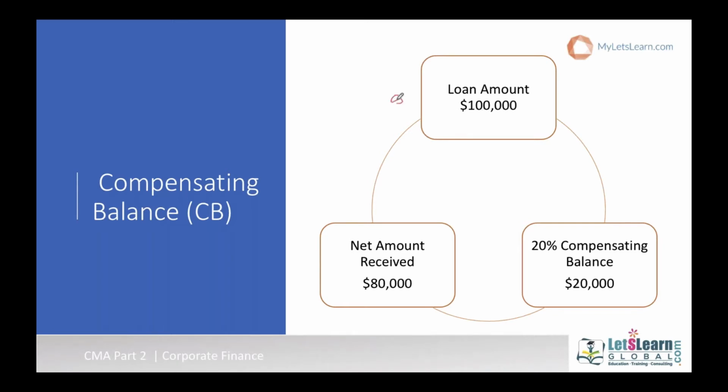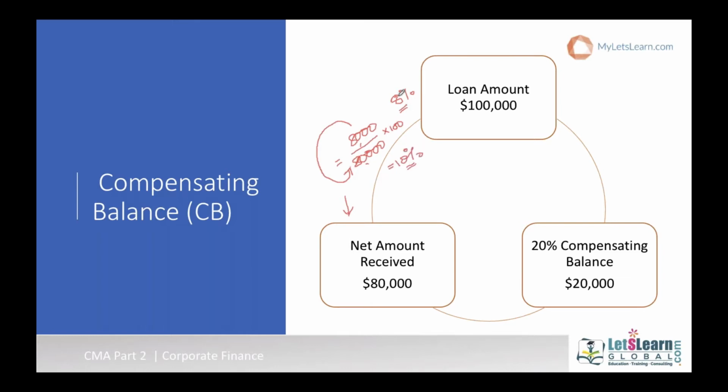Say a bank is charging 8% interest on 100,000, but the business is using only 80,000. 8% of 100,000 is 8,000 per annum. This 8,000 is the amount paid on the 80,000 used in the business. So when the stated rate of interest is 8%, the interest expressed in terms of the amount actually used in the business, 8,000 divided by 80,000 times 100, will give you 10%.